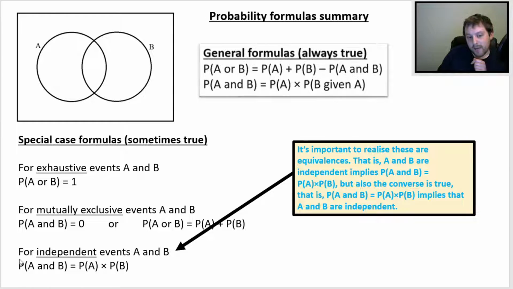So if the probability of A and B is equal to the probability of A times the probability of B, if this formula is true, then A and B are independent. And that would mean that in the real life situation, A does not affect B and B does not affect A. Okay, the implication is in both directions. Very, very important to learn that and remember that.